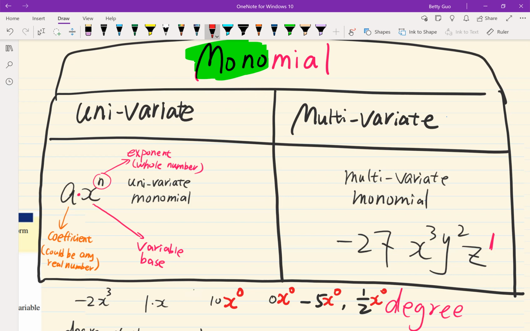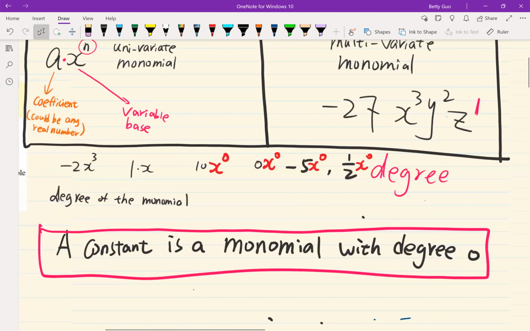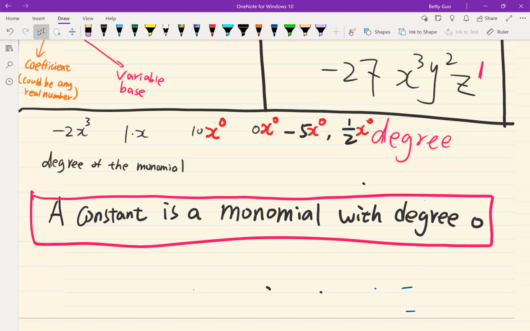So please write down a conclusion: a constant is a monomial with degree 0. The constant could be any real number, positive or negative or 0, decimal or fraction, rational or irrational.